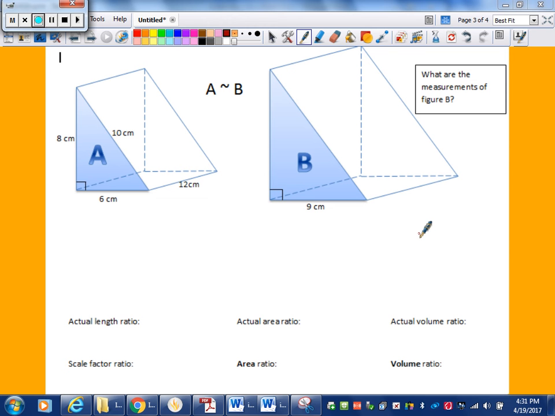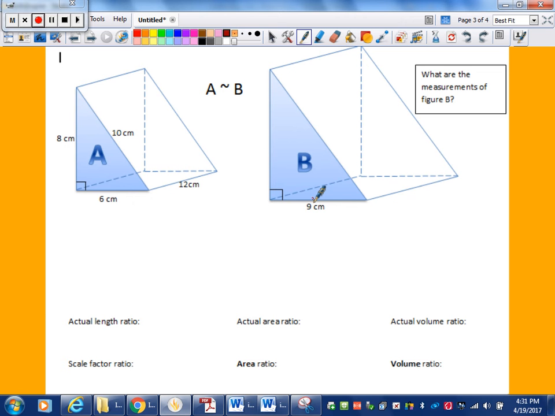Today we're going to learn about similarity and dimensionality change. This says A is similar to B, and it does tell me that one set of sides that are corresponding have a value.